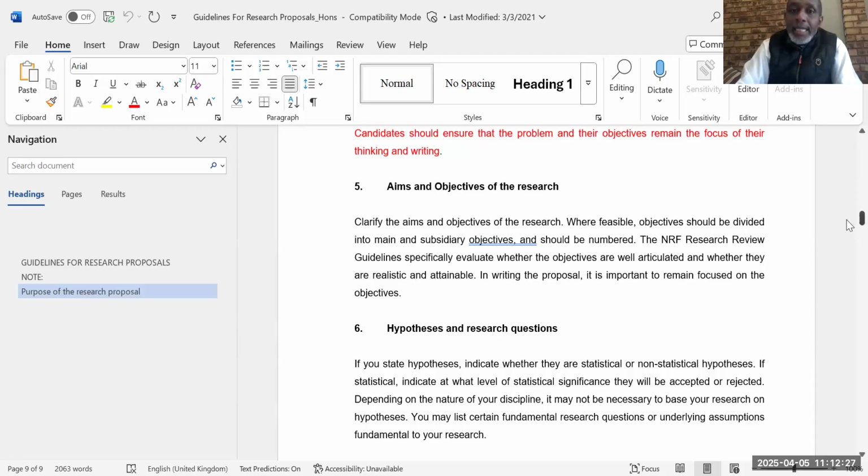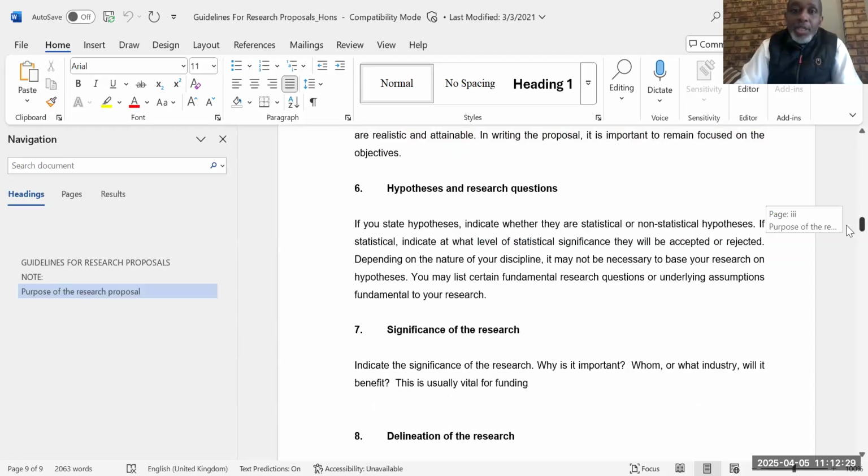Then, obviously, after you've read this, you have to see the significance of the research. Why is it important? What is the benefit? In that case, you could say that after this research, the data you get will be able to assist in developing policy for agriculture, for small-scale farmers in northern Nigeria or in Nigeria.